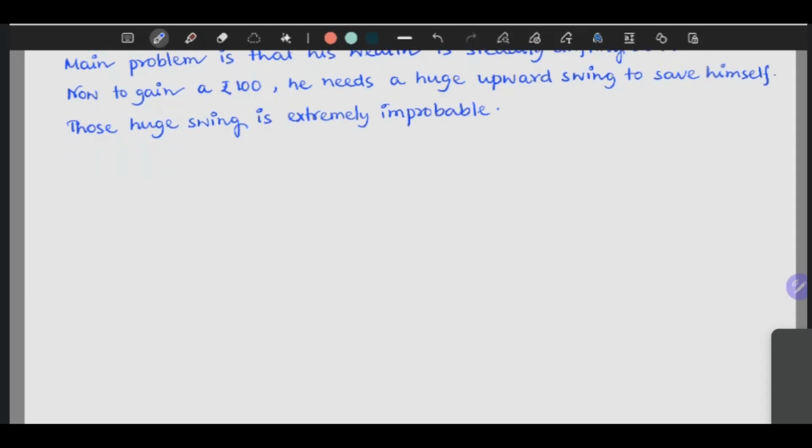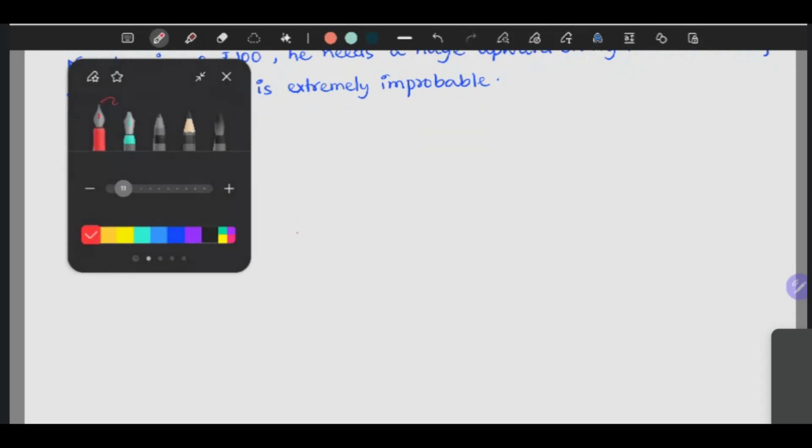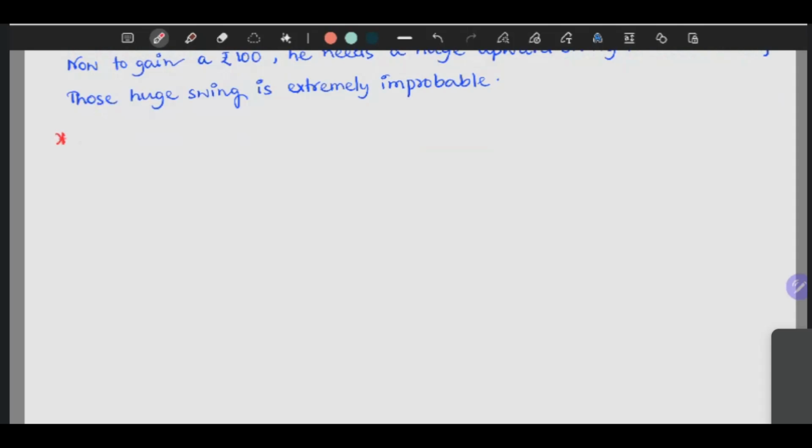So as a rule of thumb, drift dominates swings over the long run.